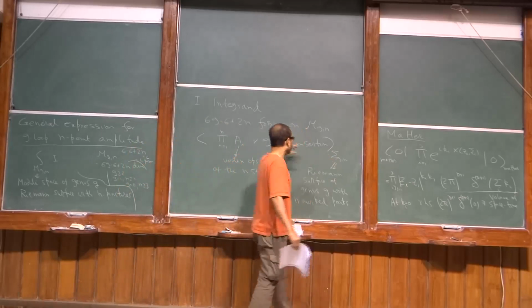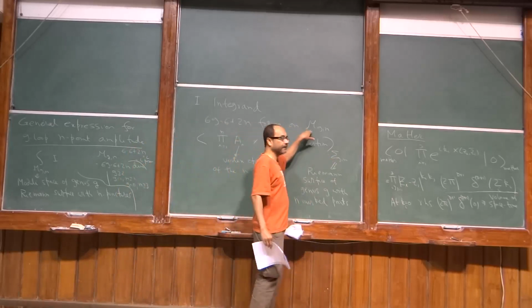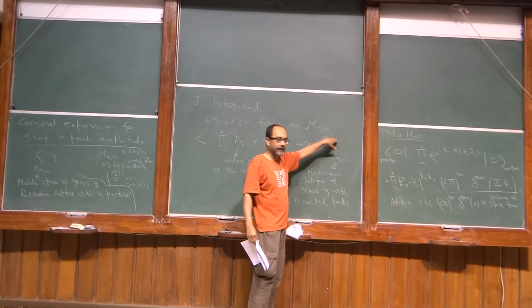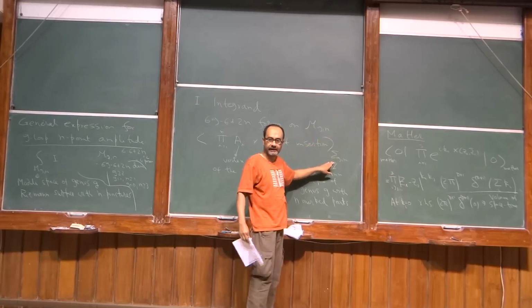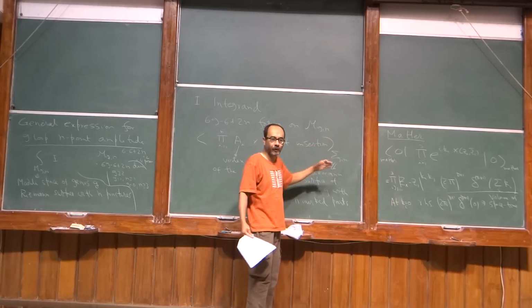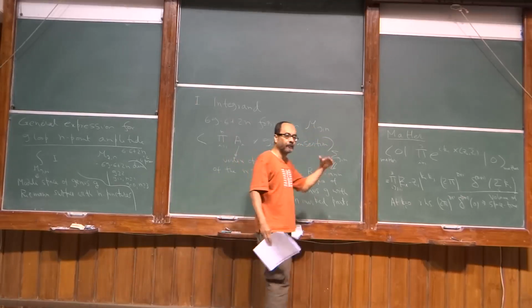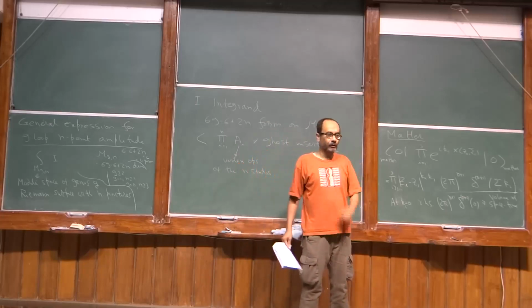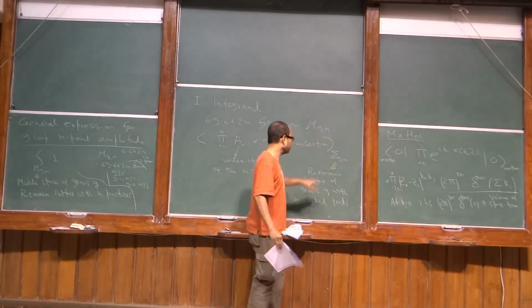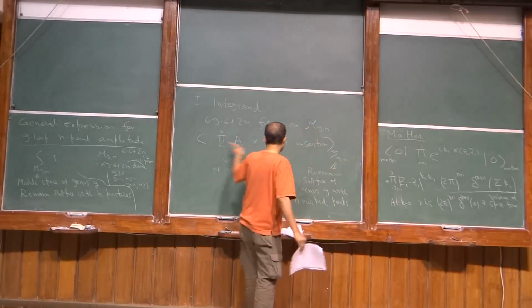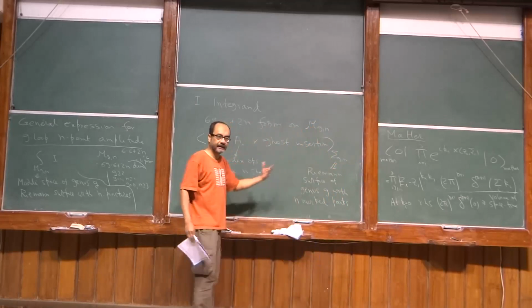So as you move in M_gn, imagine that you go from one point in M_gn to another point, the Riemann surface is going to change. That's what points in M_gn label: either the Riemann surface itself changes or the punctures move. So the correlation function changes, and this is what you have to integrate.